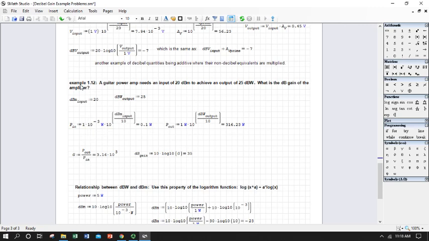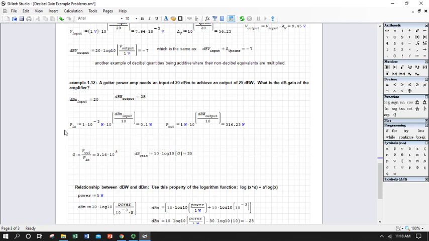So example 1.12 goes into that and uses that relationship. Generally speaking, if you're not quite sure how to add and subtract something in decibel scale, you can always convert back to ordinary expressions or gain ratios and do your multiplying that way. And so that's what I defaulted to.